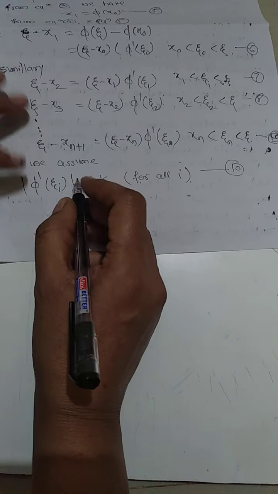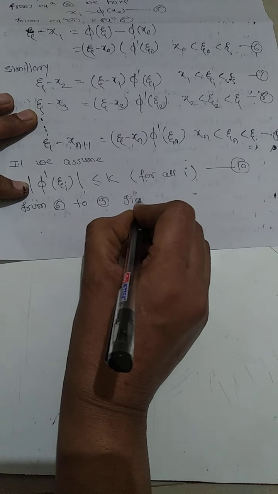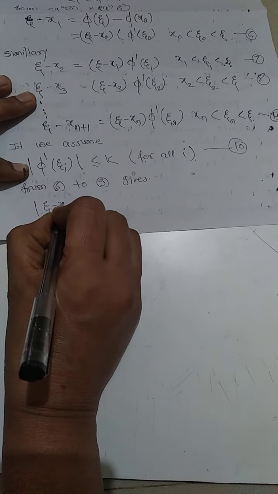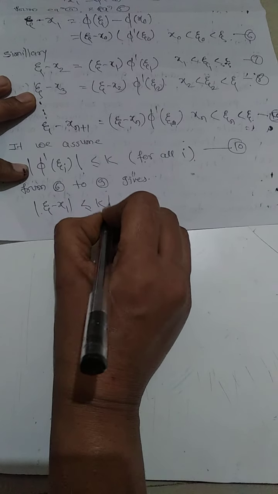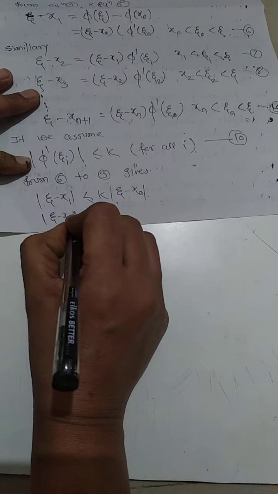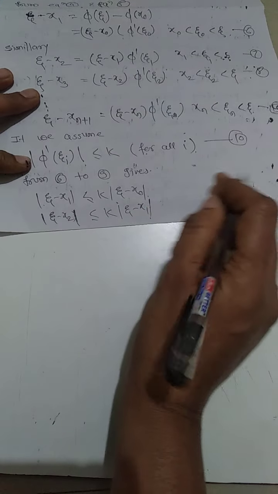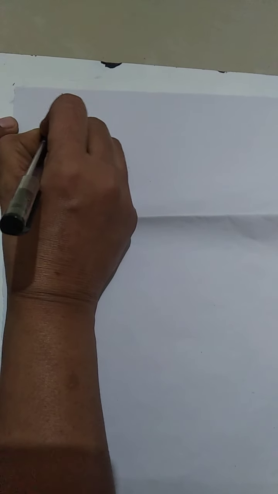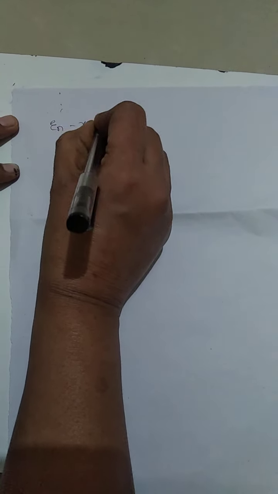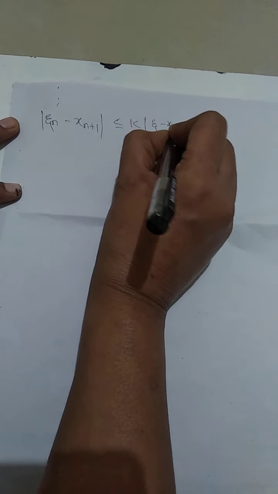From 6 to 9 gives that mod of xi minus x1 is less than or equal to k into mod of xi minus x0, mod of xi minus x2 is less than or equal to k into mod of xi minus x1, and so on, mod of xi minus x n plus 1 is less than or equal to k into mod of xi minus xn. This is equation number 11.